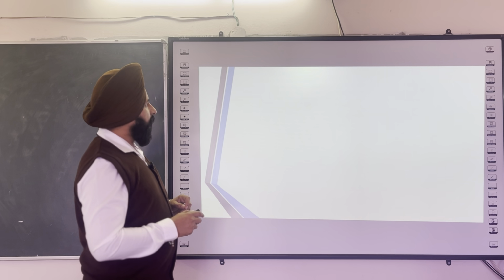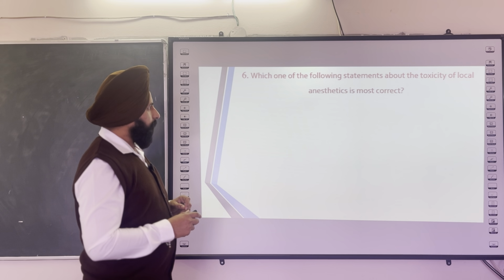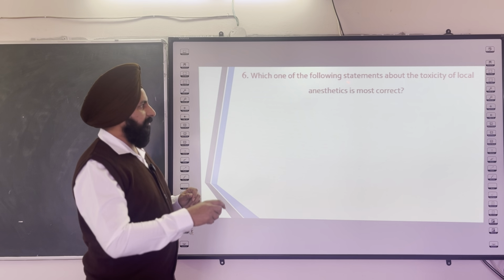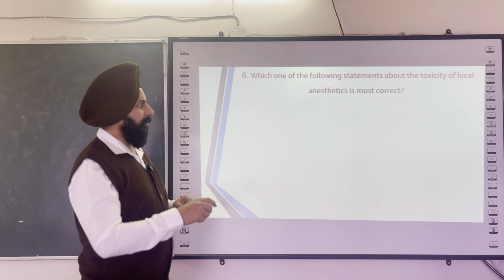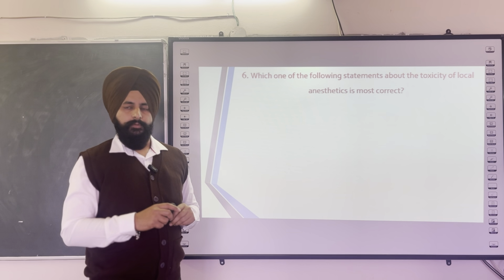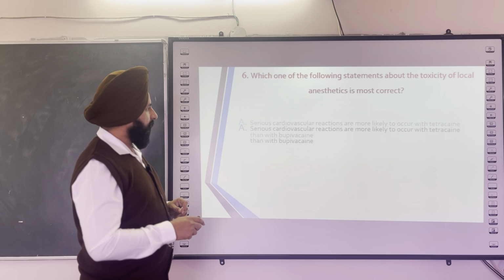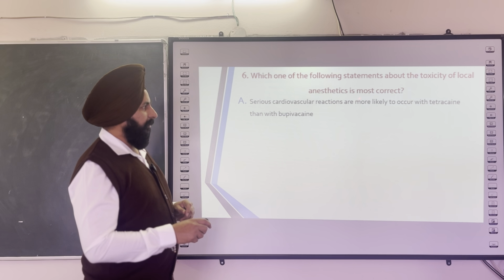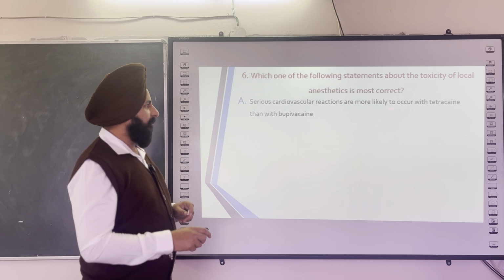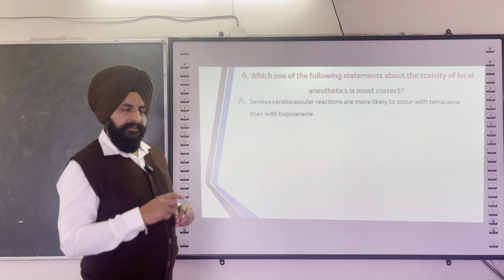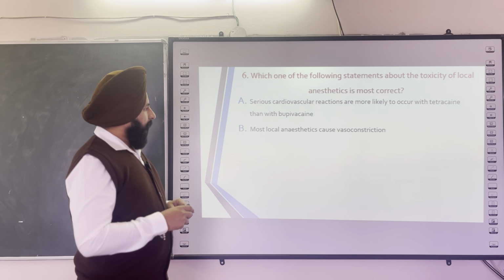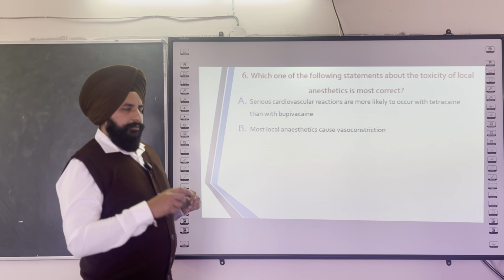The next question for this series is: which of the following statements about toxicity of local anesthetics is most correct? The options are: serious cardiovascular actions are more likely to occur with tetracaine than with bupivacaine. Most local anesthetics cause vasoconstriction.